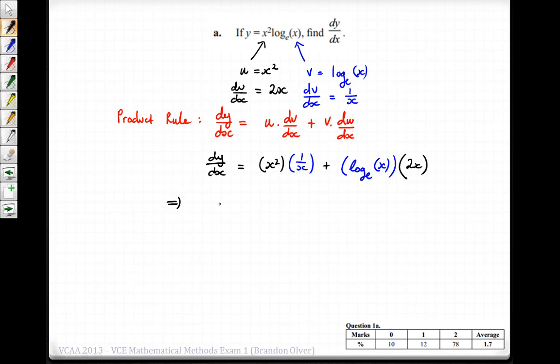So that implies that dy dx equals x squared on x, which is just x, plus 2x times log e of x. As you can see, most students manage to do that quite well, with 78% of them getting the right answer.